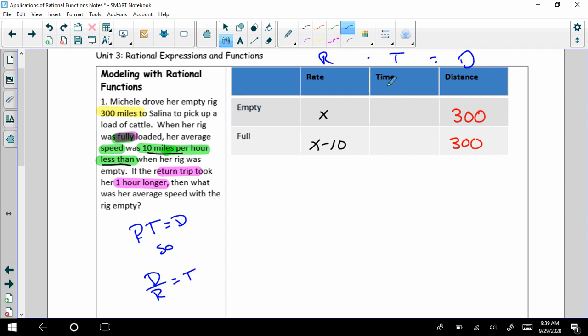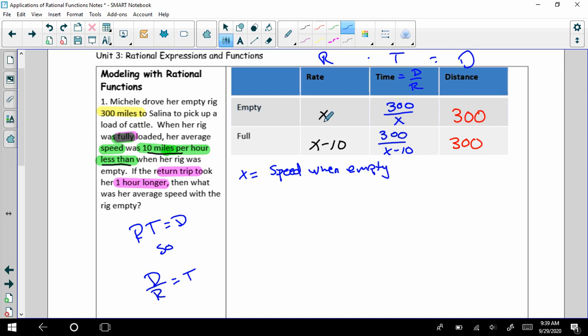And so we can write these expressions here. So we have 300 divided by x and 300 divided by x minus 10. Keep in mind we're letting x equal the speed or the rate when empty. That's where the x is.